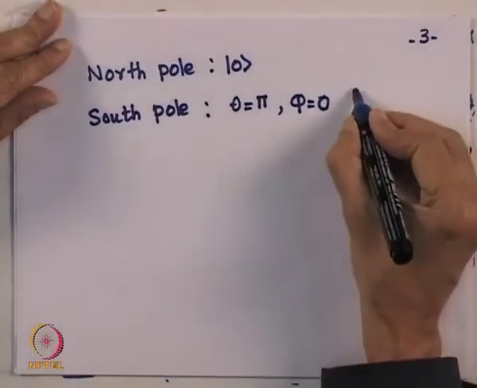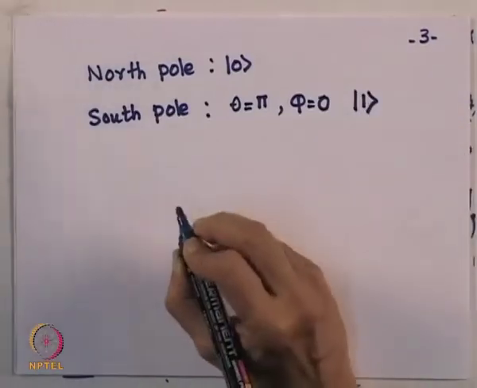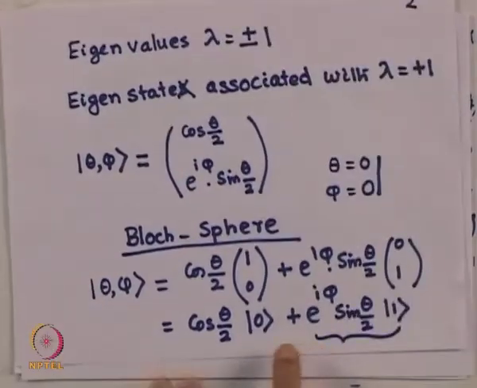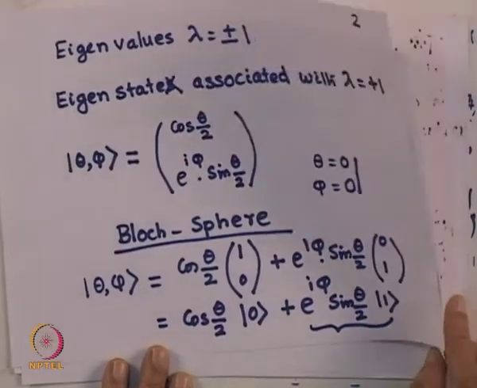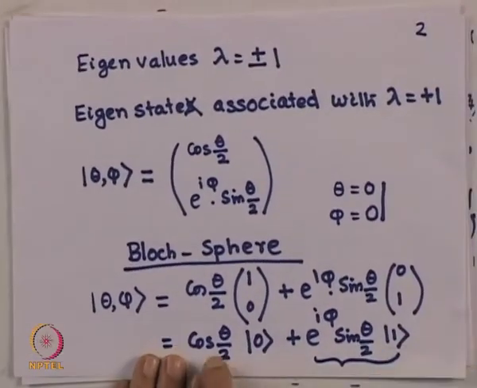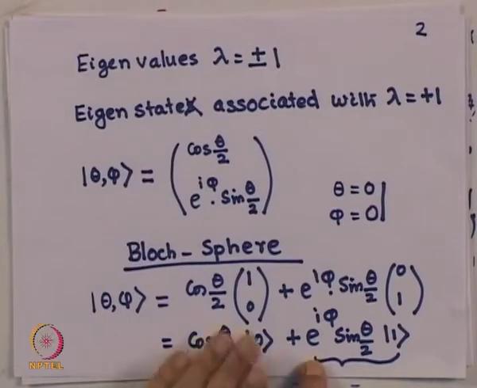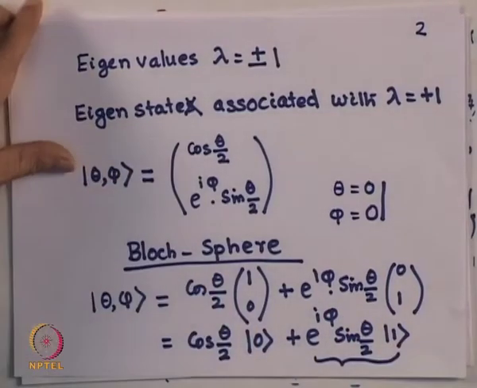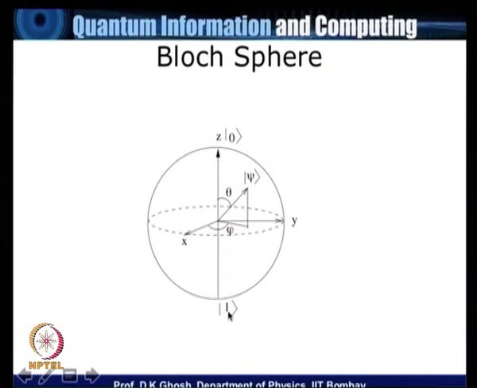Now that obviously stands for the state 1. Remember that I had written this format. So if I have theta equal to pi, cos pi by 2 is equal to 0. So this term goes away. Phi is equal to 0, so e to the power 0 is equal to 1. And this is sin pi by 2, which is equal to 1. So the state is 1. So if you go back to the slide, you find that this is your state 1.